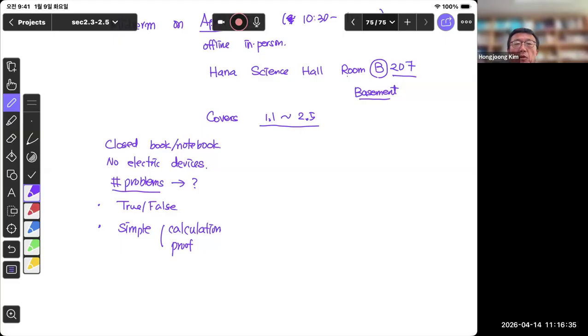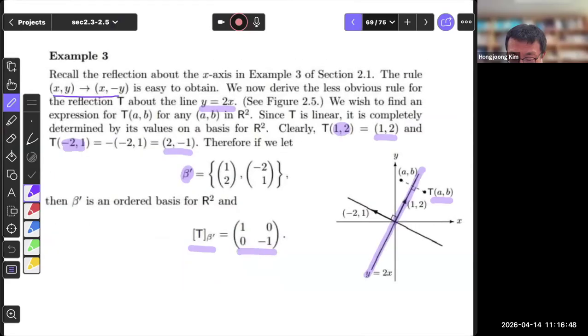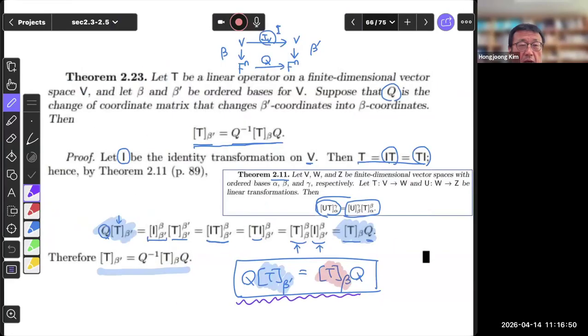I do not give a theorem from the textbook and ask you to prove it. Say if I give you theorem 2.23 and ask please prove it, I do not give such a question.